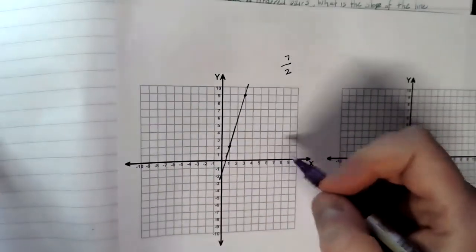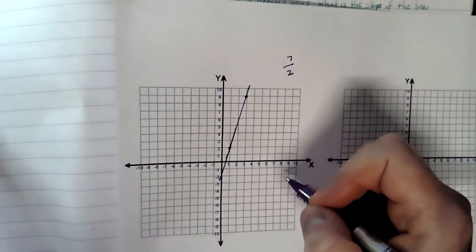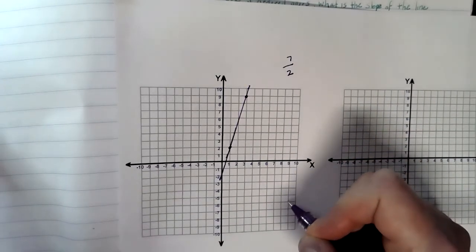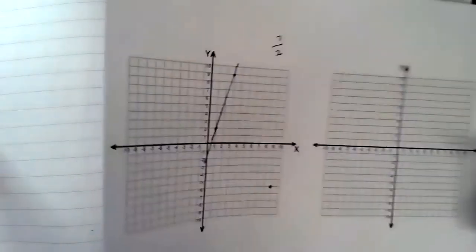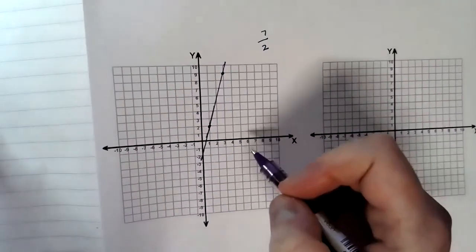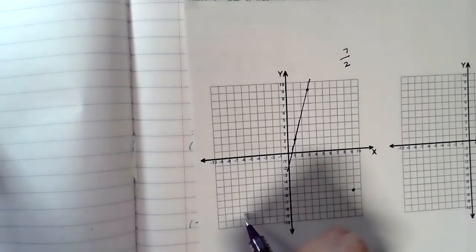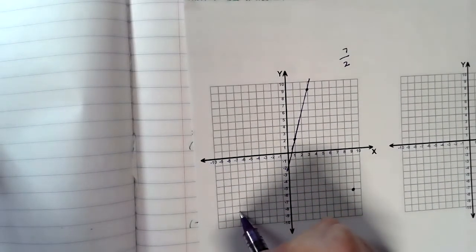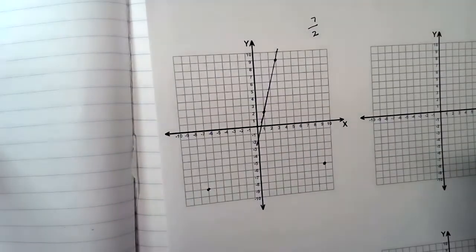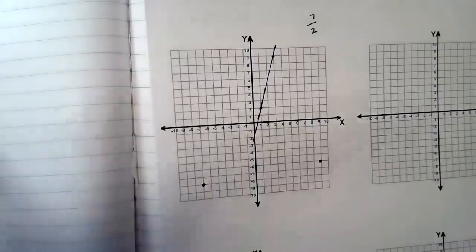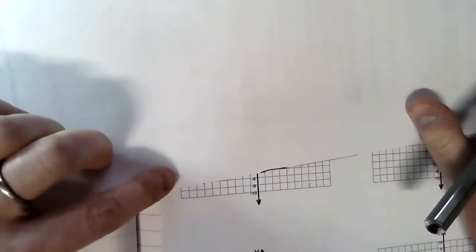So we're going to go out to 9 on the X line and then down to -6 on the Y, which will be right here. Then we've got -7, -8. We're going to go out -7 on X and down to -8. So this is going to be right here. Ooh, that is a steep line. It's almost flat. Let's draw that line in.